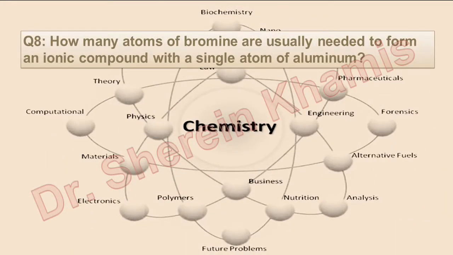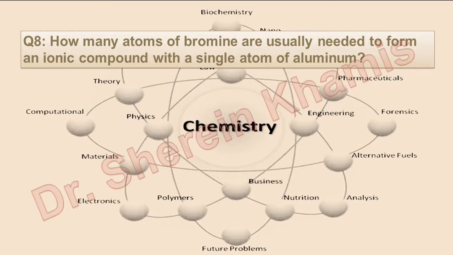Okay, question number 8 says: how many atoms of bromine are usually needed to form an ionic compound with a single atom of aluminium? Aluminium is a metal and bromine is a non-metal, so aluminium loses 3 electrons from its outer valence shell, and bromine needs only 1 electron, as it is a monovalent non-metal.